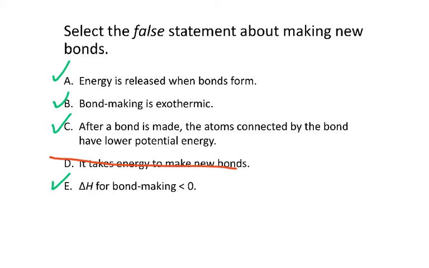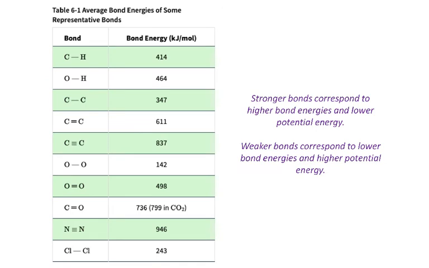So let's look at the energy that is required to make and break bonds by looking at the average bond energies of some representative bonds. Let's focus here where we have similar bonds where the only thing changing is the bond: CC single bond, CC double bond, CC triple bond.